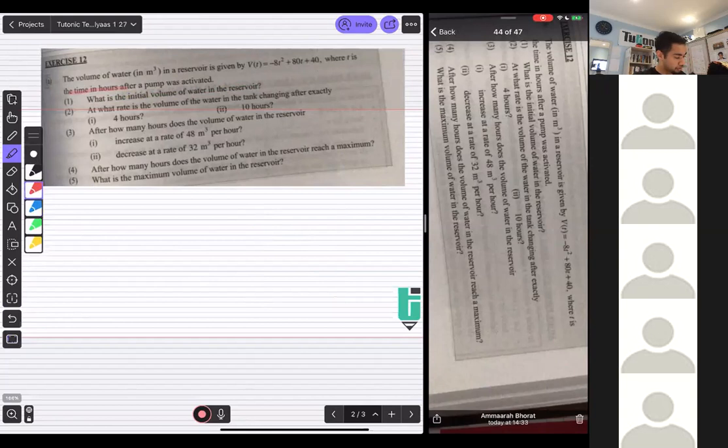Yes, but we said that, so it's 40, because if T is naught, then you're just left with 40. I was just trying to stretch you a bit and say that 40 is also the y-intercept, but the y-intercept is where x is naught, where T is naught. Oh, okay. Thank you.